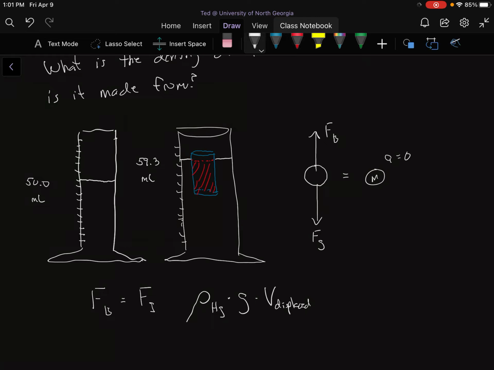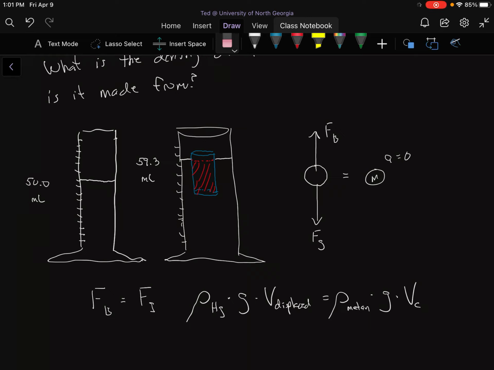On the other hand, the gravitational force is equal to the density of the unknown metal times g times the whole volume.